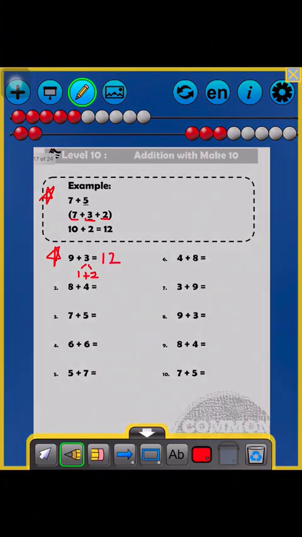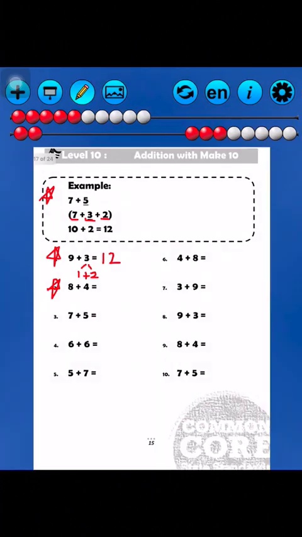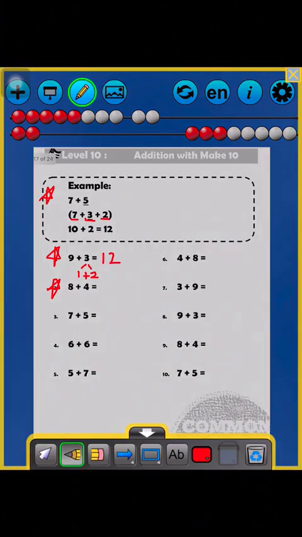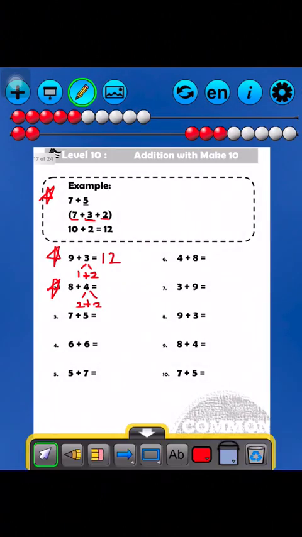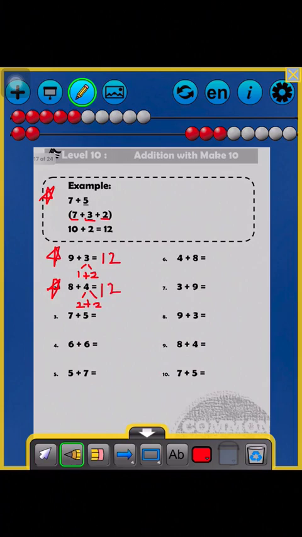So it equals to 10 and 2, 12. Then we have 8 plus 4. We may take away 2 from 4 and give 2 to 8, so that we may form a 10. So we have 8 plus 2 plus 2 to form 10 and 2, 12.